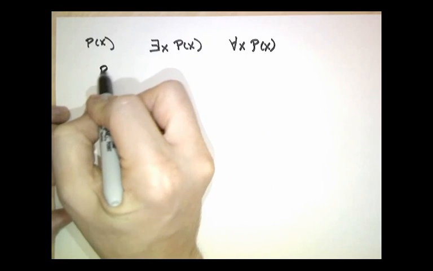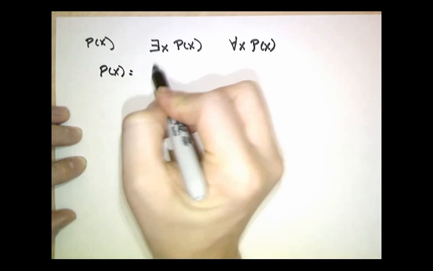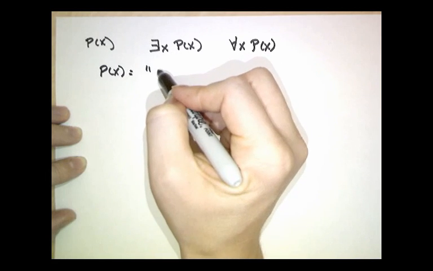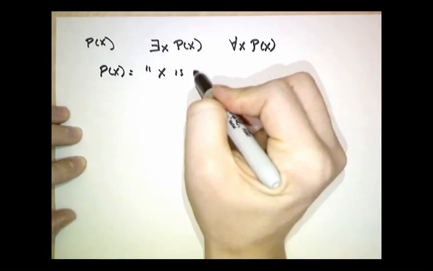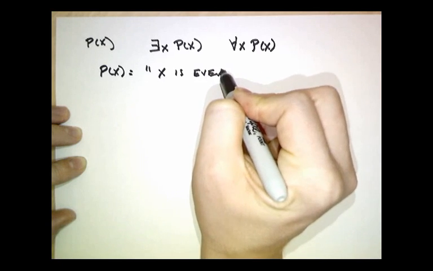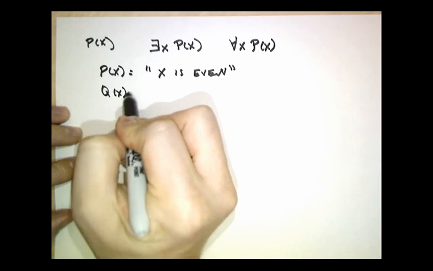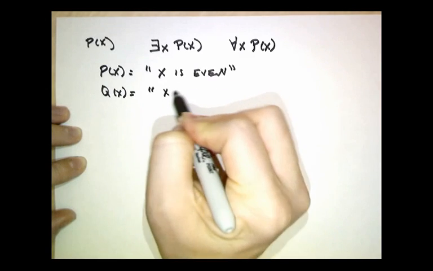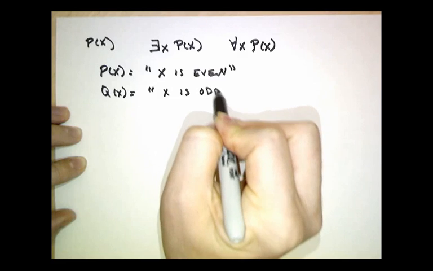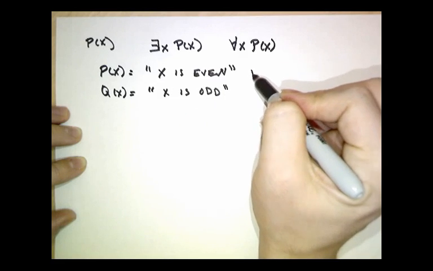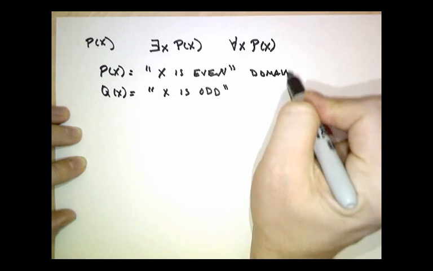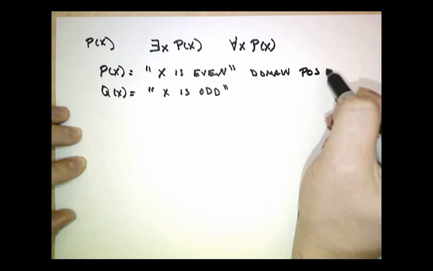Okay, so let's assume that I have written p of x as x is even, and let's write another predicate, q of x, where x is odd. And let's say the domain is positive integers.